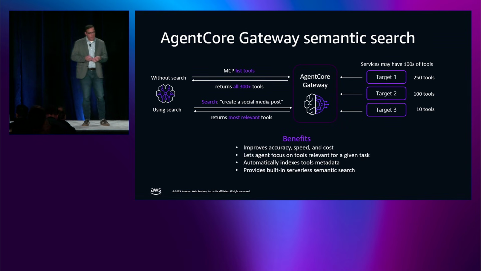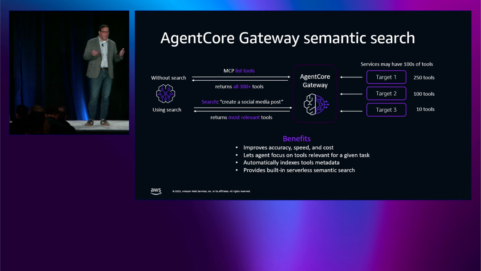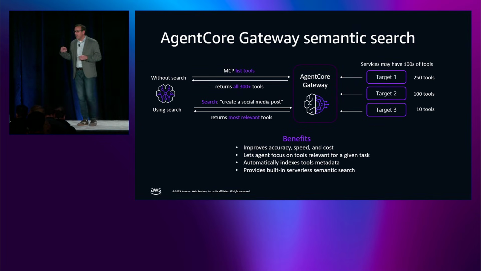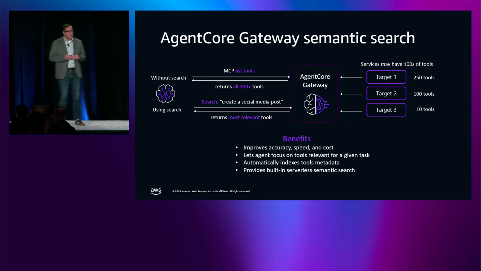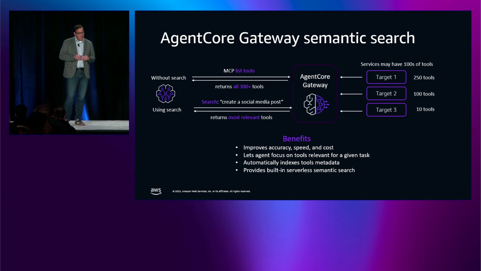This improves the accuracy, speed, and the cost, and lets the agent focus on tools that are only relevant for the given task. All of the indexing and the search and the tokenization of all of the details of each and every tool is handled for you automatically by AgentCore Gateway. And all of the search infrastructure is provided serverlessly.